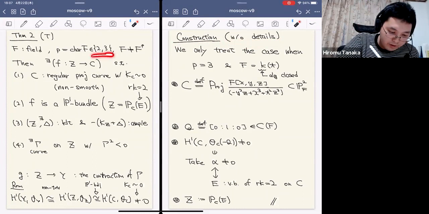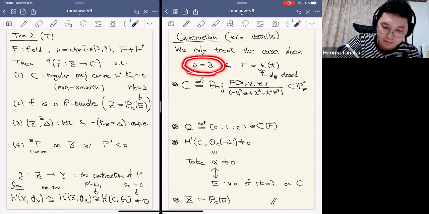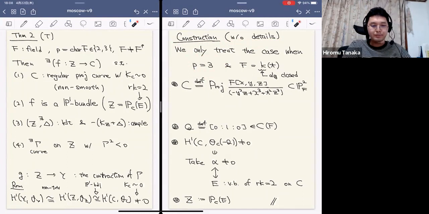As written here, the characteristic is 2 or 3, but let me concentrate on the case when p is equal to 3. And also for simplicity, let me assume that F is equal to this field: K is the algebraically closed field of characteristic 3, and we take the function field of P1 over K.